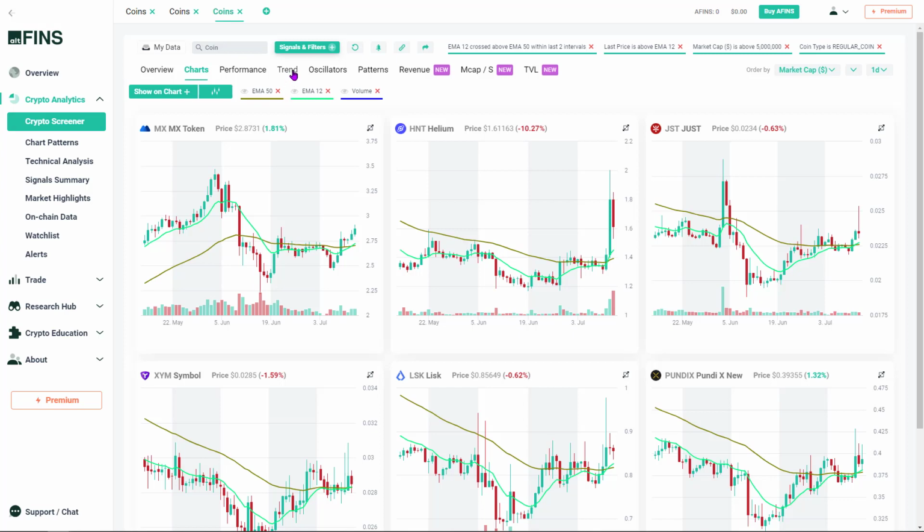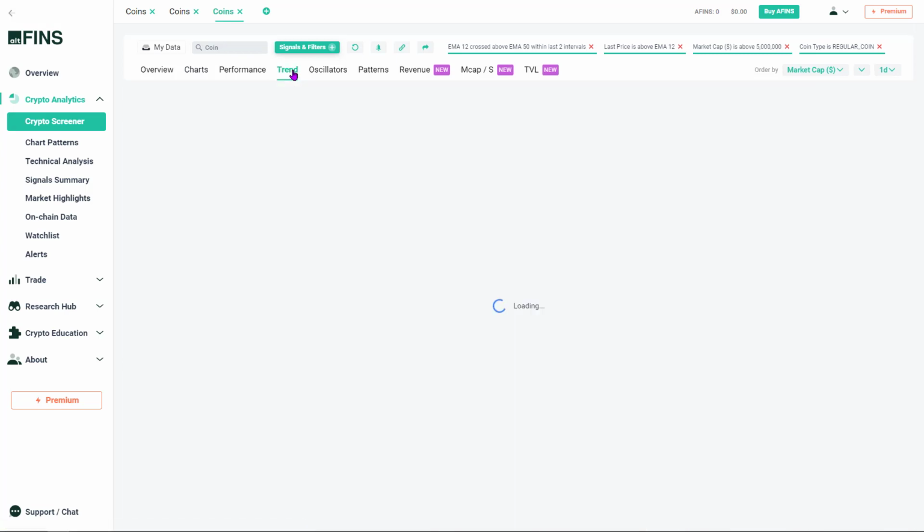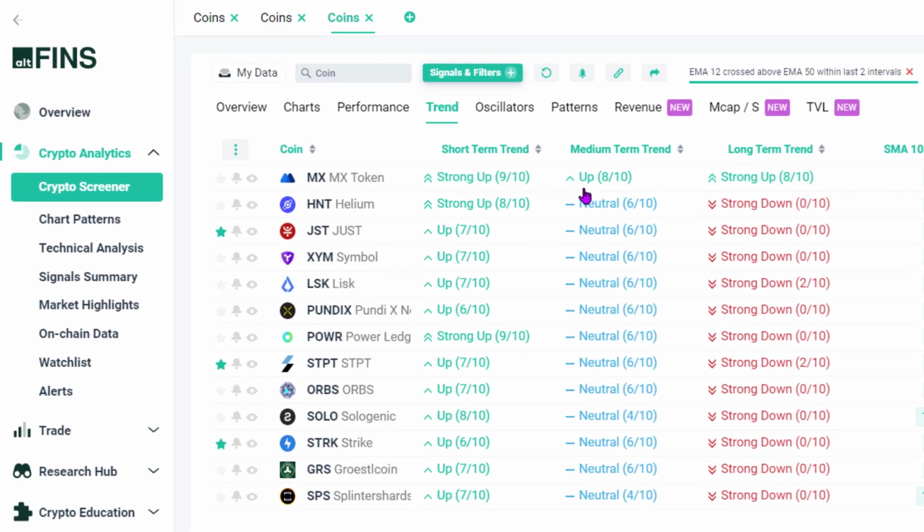Now let's take a look at the trend tab here. And as you'll see, most of these, with the exception of MX token, are in an uptrend, but only on the short-term basis, while the medium-term basis is neutral and the long-term basis may still be down, right?